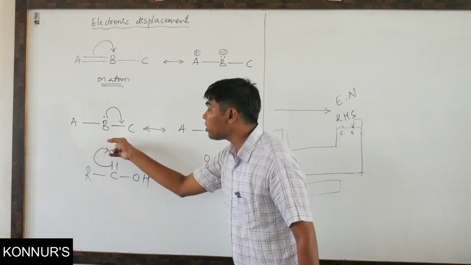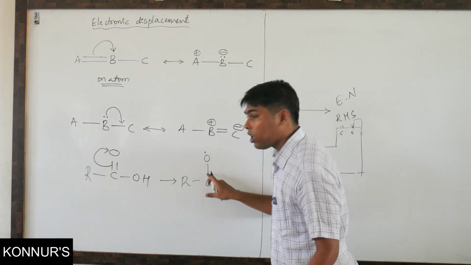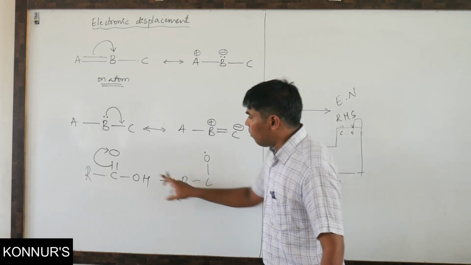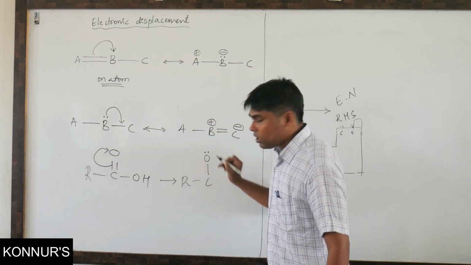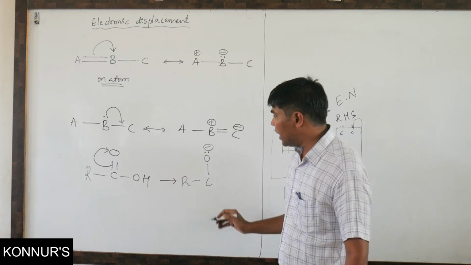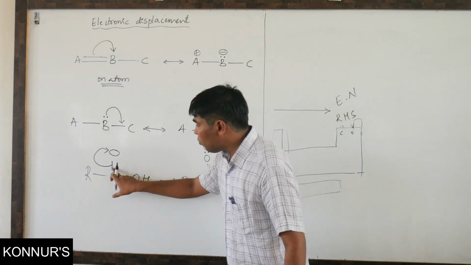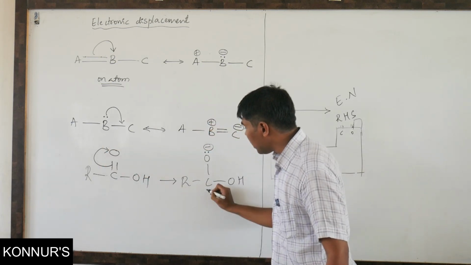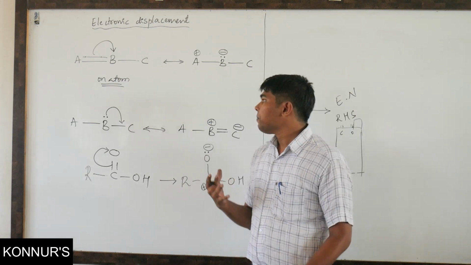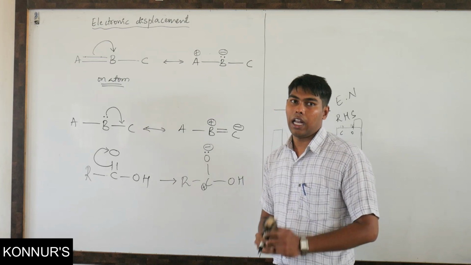If both the electrons are shifted to oxygen, one electron is already of oxygen, and one more electron comes like this and oxygen gains a negative charge. Since one electron is lost to the oxygen, this carbon gets the positive charge. In this way, the pi bond and the sigma bonds displace the electrons.